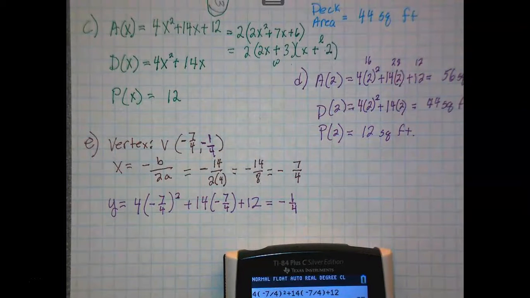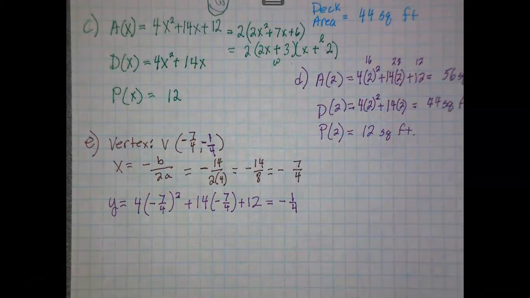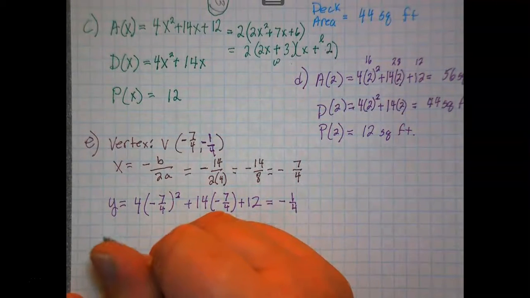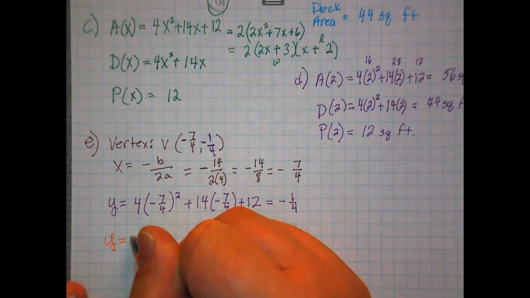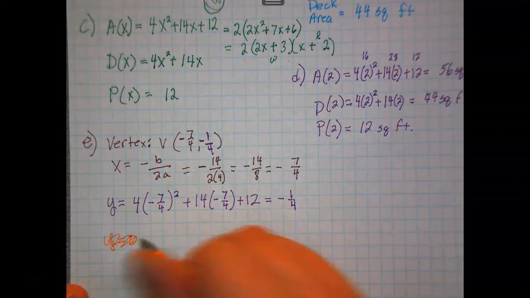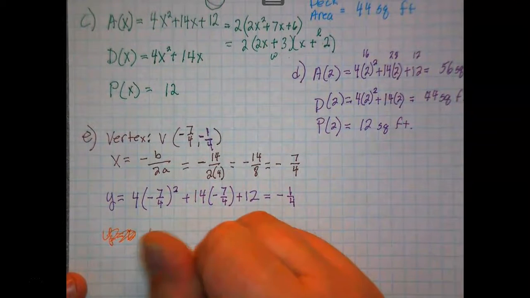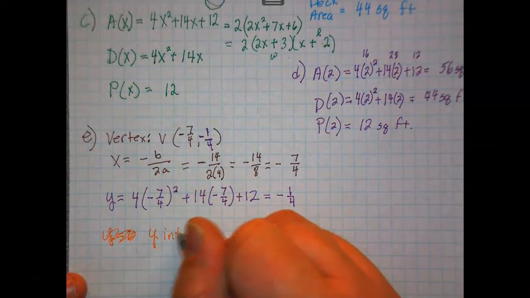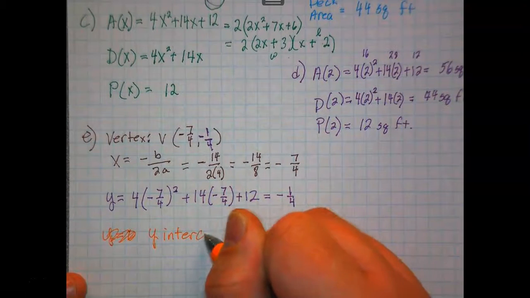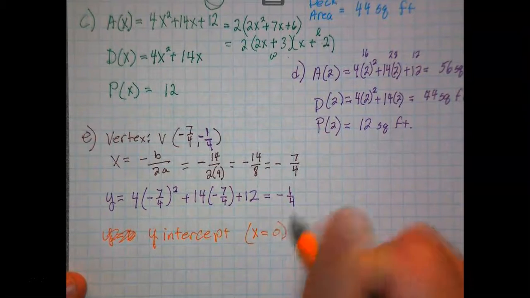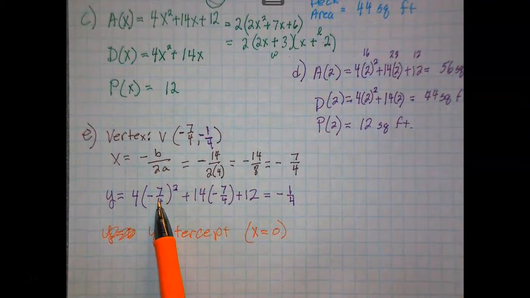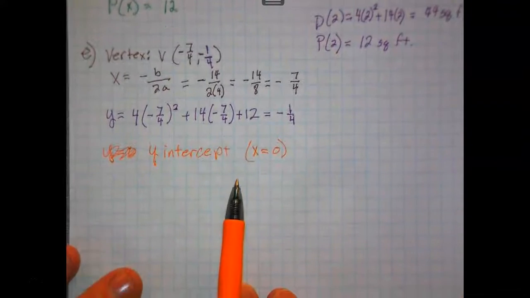Now, what else do we need? Y-intercept. Not x equals 0, right? So instead of negative 7/4, we just put in 0.